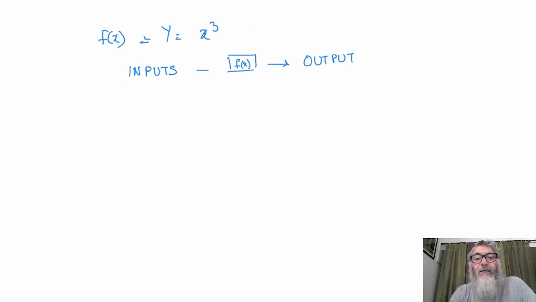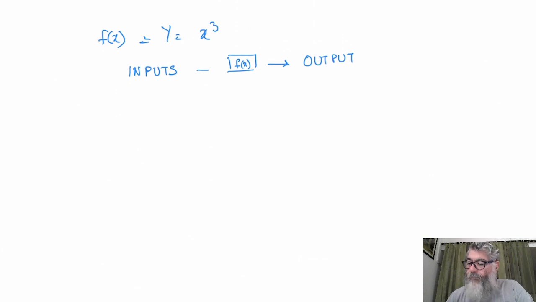But in this case, if it is y is equal to x cube, then we will get the graph on the negative side also, because if I put x is equal to minus 2, I will get f(x) is equal to minus 8. That means I will get both plus and minus in range, not only positive values. So the graph of y is equal to x cube is something like this.